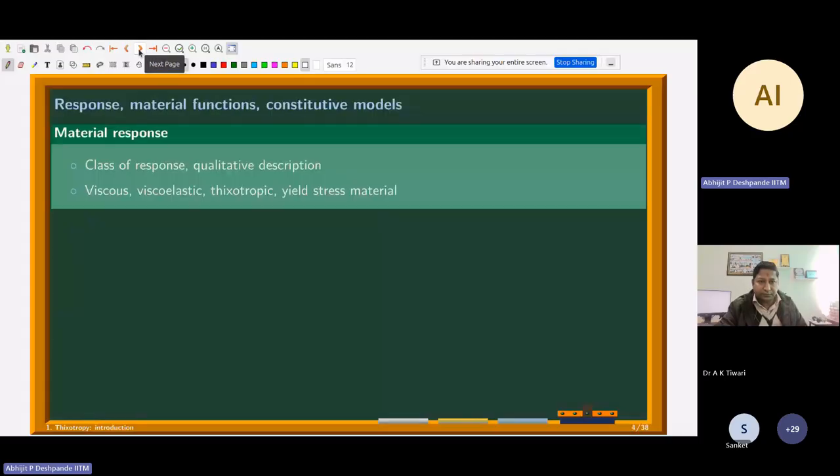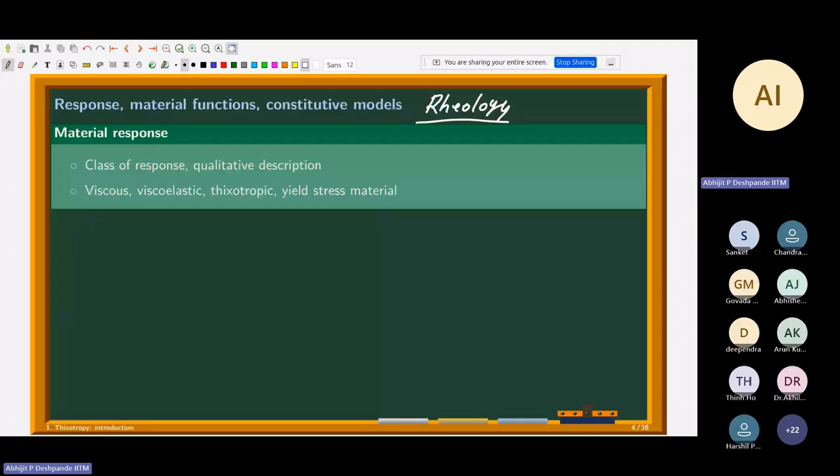And just as a reminder, when we are looking at rheology as a whole, we basically classify and look at the material from a specific class of response. It's not really that the material itself is of a given type. Quite often it depends on the context and what application we have in mind.